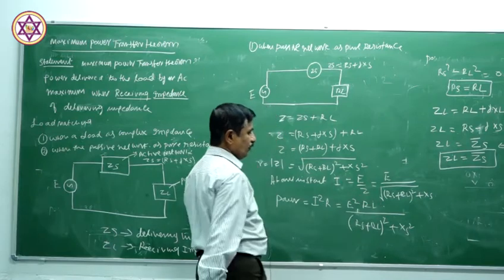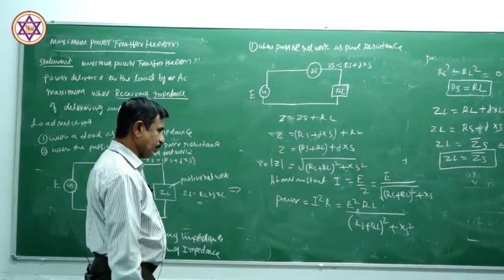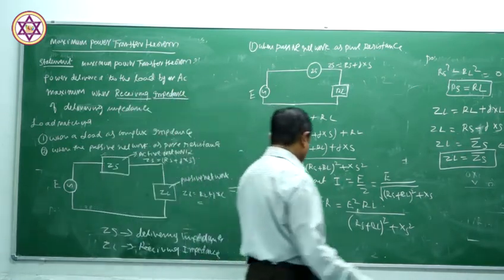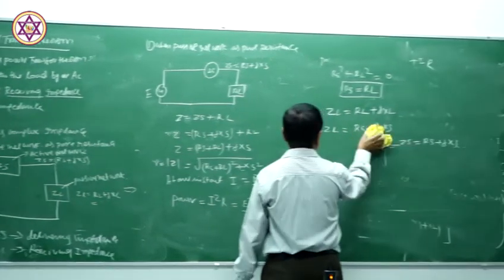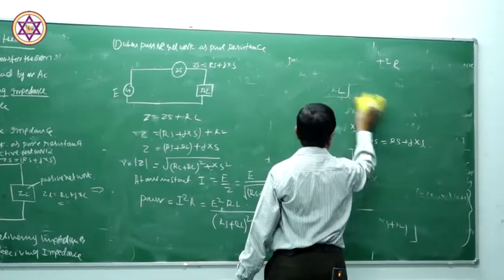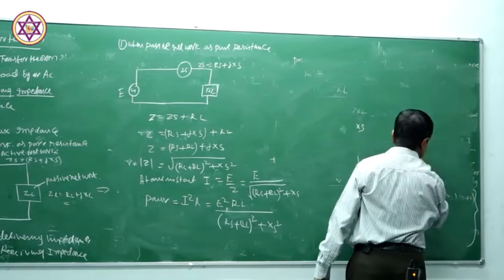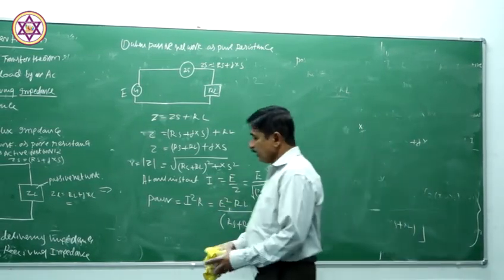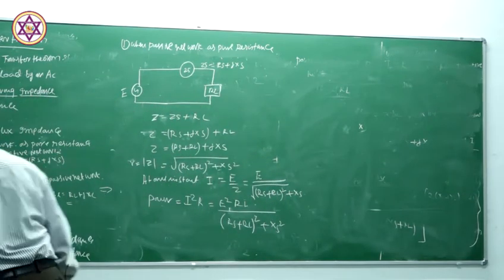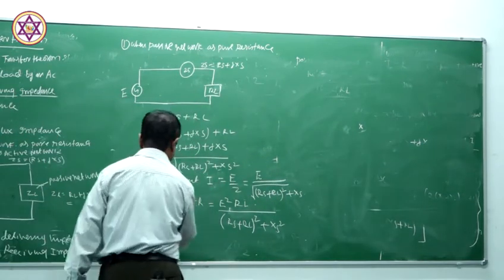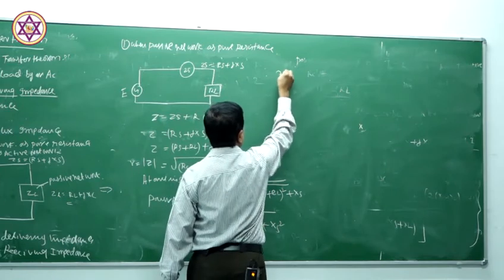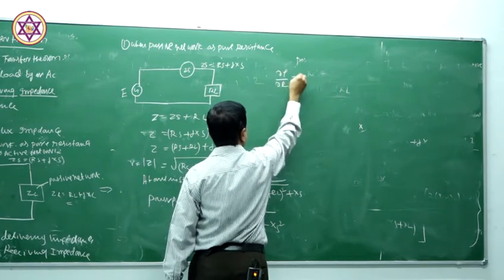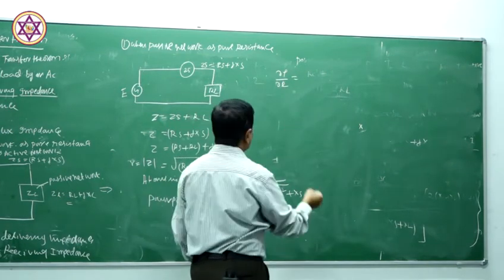So E squared into RL gives the power. Now if I differentiate this with respect to RL, I am going to get dP by dRL is equal to this.